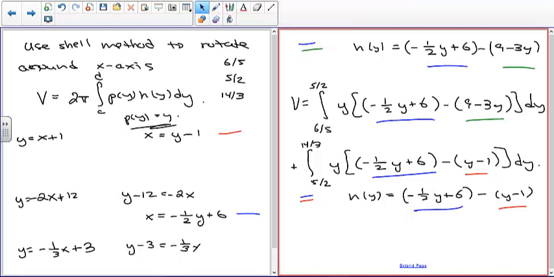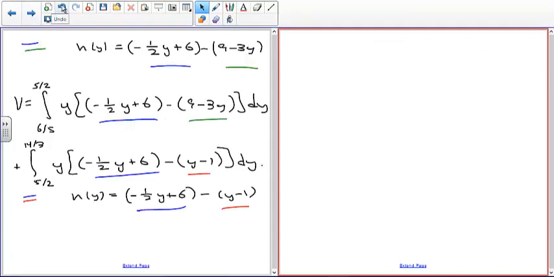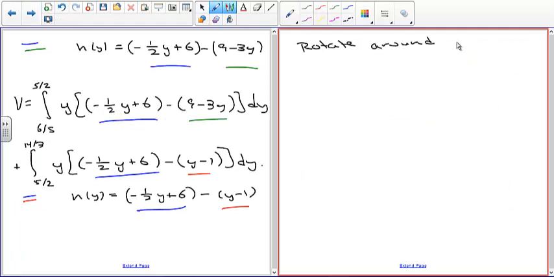So I'm just going to add a page here. And so what we're going to do is rotate around the y-axis using the washer method. So that's our last thing.